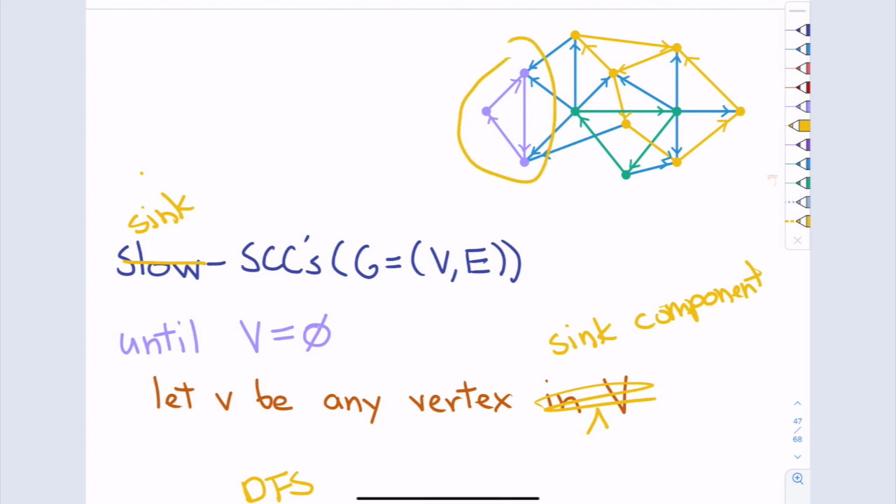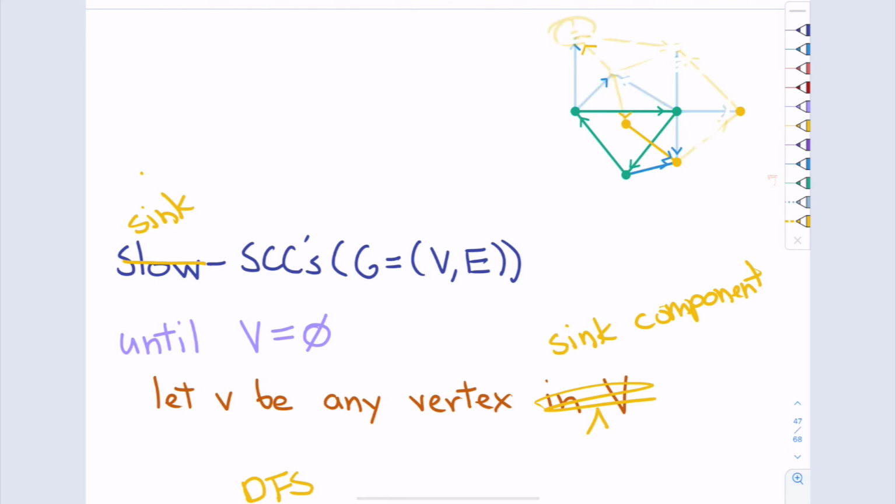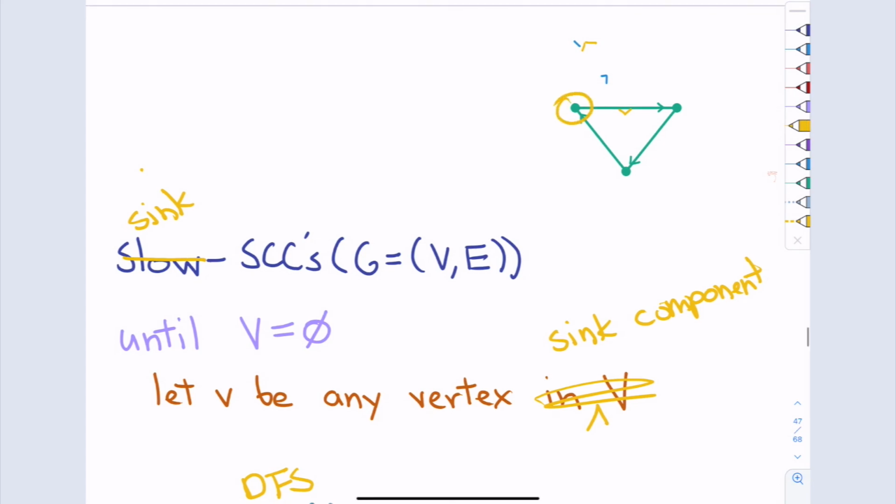There's no vertices leaving purple. So maybe I run depth first search from here. I rip out that strongly connected component. Now the yellow is a sink component. I rip it out. And finally, all that's left is one last component by itself. I run depth first search once, and I rip it out of the graph.